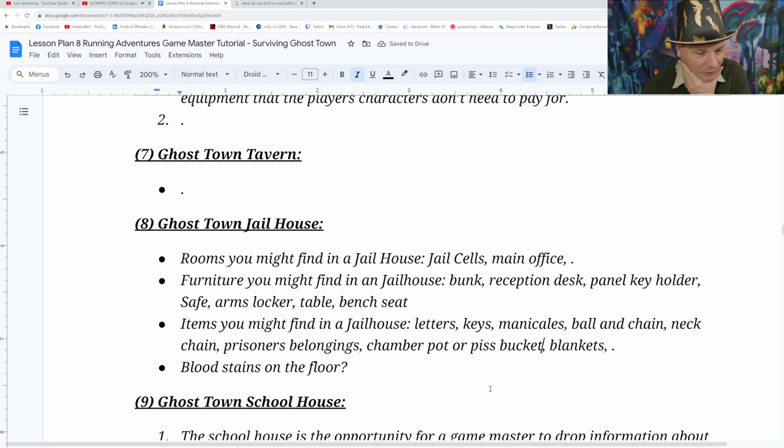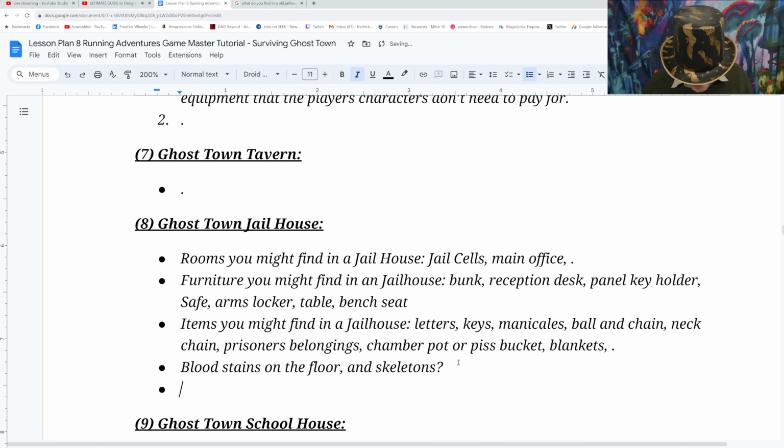Skeletons. Yes, you might well find skeletons in here. Flea infestations. Okay. Pest infestations, since you're so insistent.